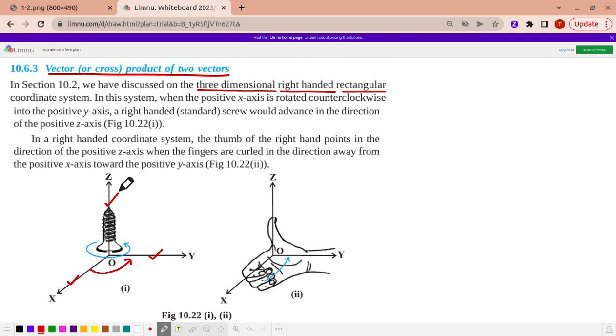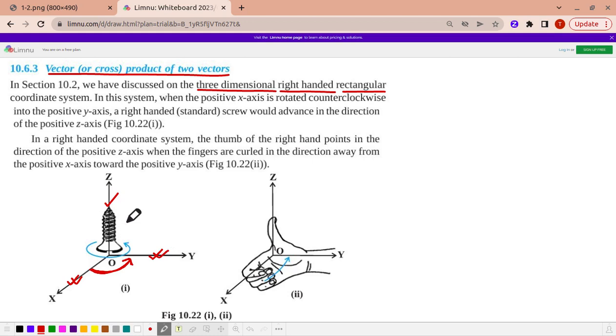I repeat once more. When the positive x-axis, what you see here, is rotated counterclockwise. Counterclockwise means in the opposite direction to the way a clock arrow moves, into the positive y-axis.